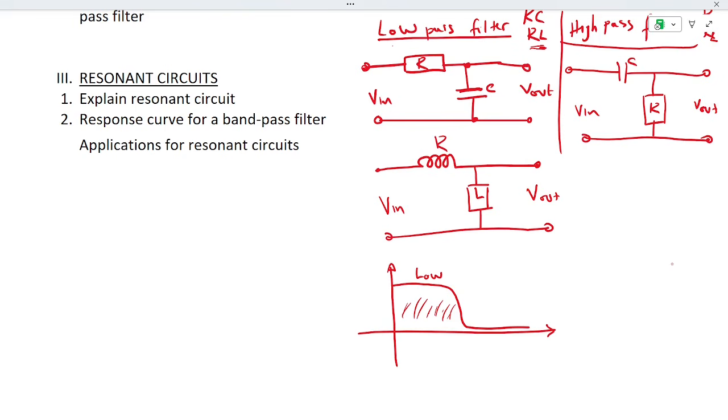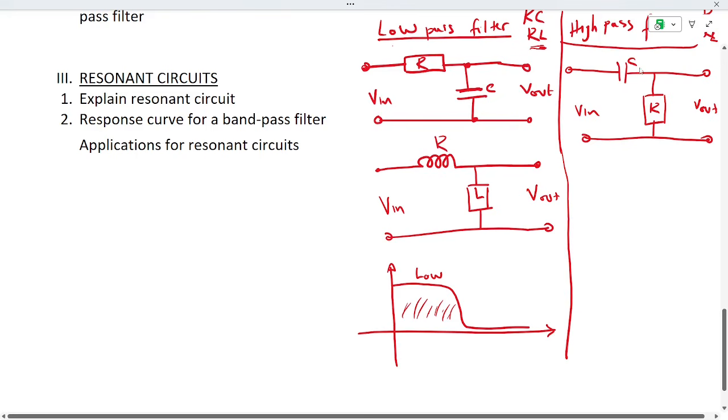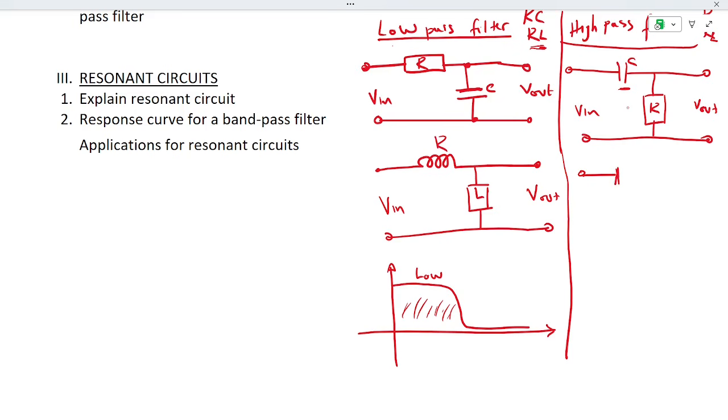If they ask you to draw an RL high pass filter circuit, from the high pass RC, I can easily make it up. Here the first element was the capacitor, but here it's going to be the opposite.